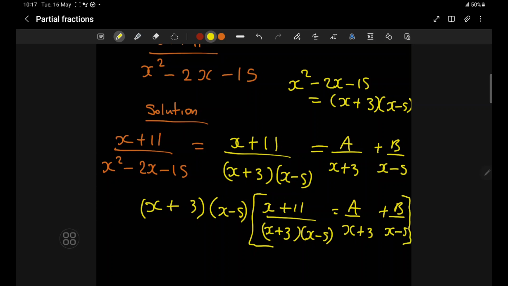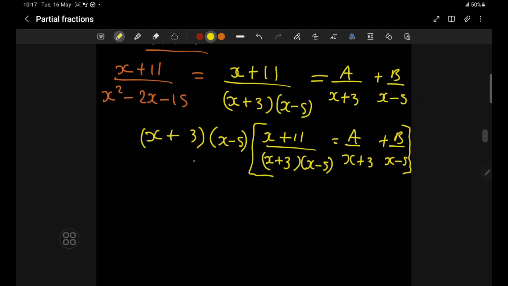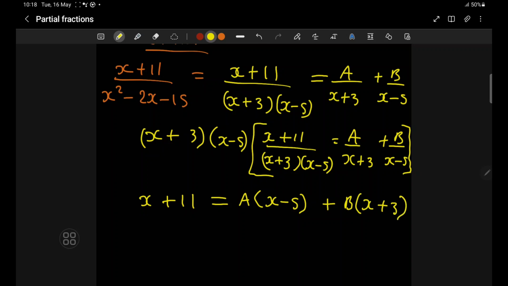We multiply x plus 3 and x minus 5 throughout this whole expression. You agree with me that for the first part, the x plus 3, x minus 5 will cancel out, and we'll be left with x plus 11 for the numerator, equal to, on the other side, a times x minus 5, and on the other side, b times x plus 3. I'm only showing this part; for the other parts, I won't be showing, since we already know from this example.